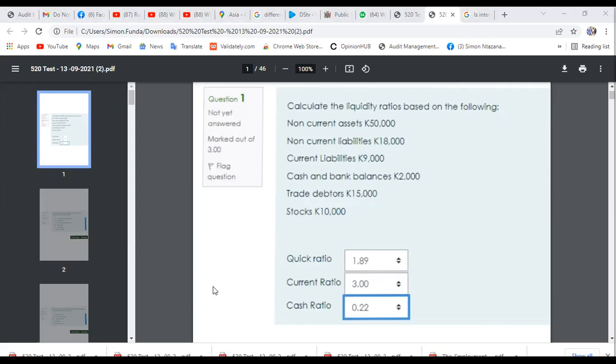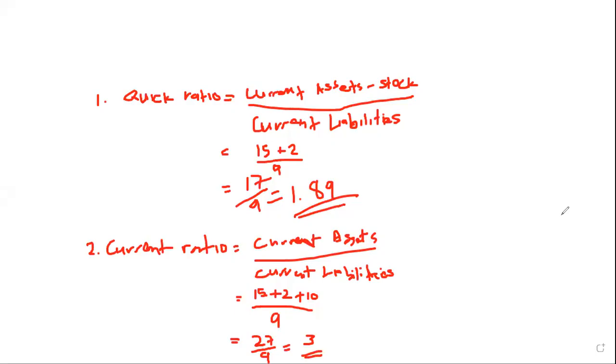Okay, so let's do the last one. So now we are asked to calculate the cash ratio.